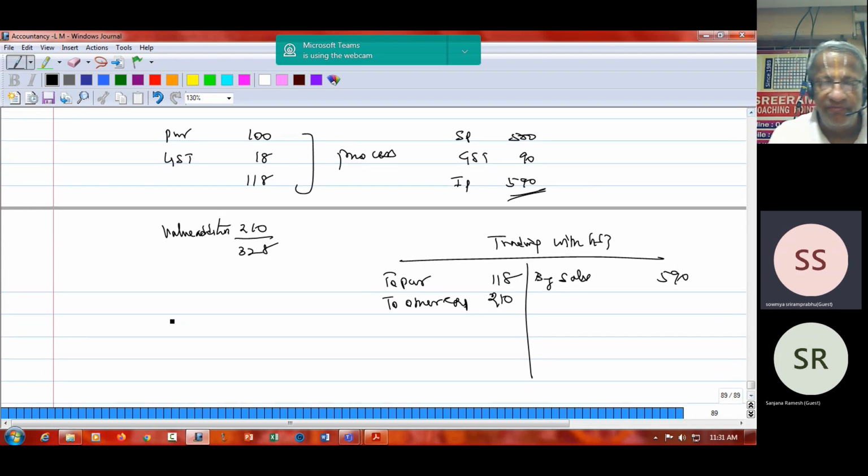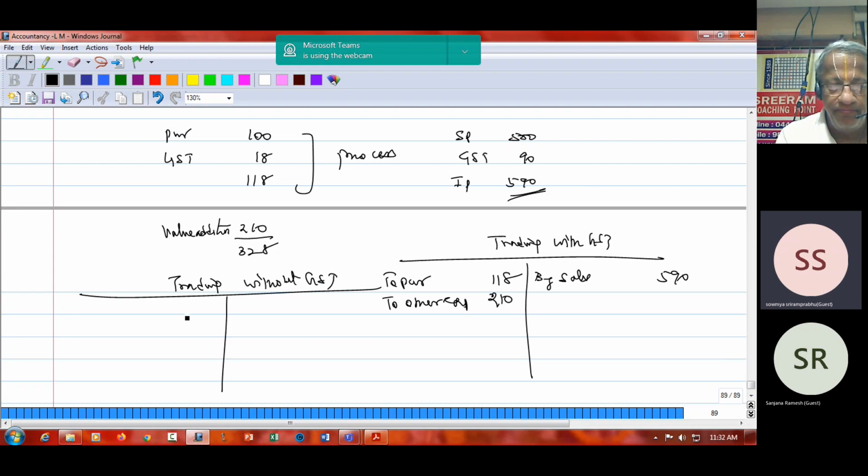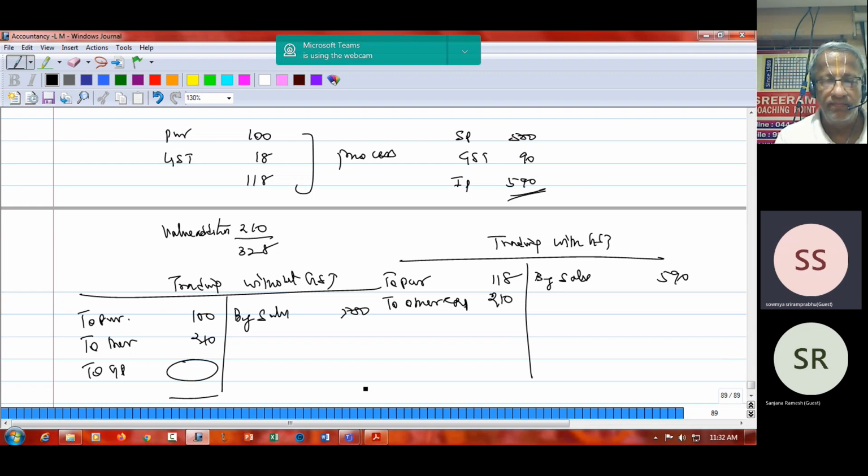Imagine that it is without GST. Purchases 100, other expenses 210, by sales 500. What is my gross profit? 190.